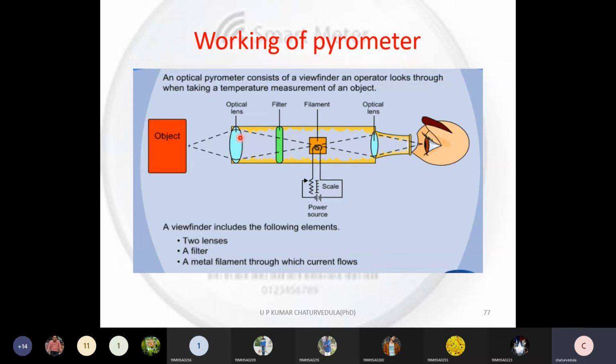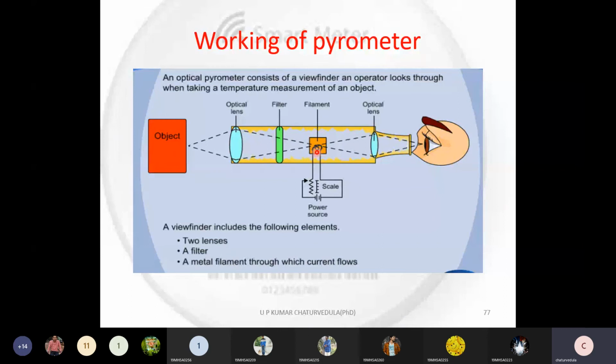This optical system consists of two lenses, one optical lens here and another optical lens here, and I am going to have a filament. This whole setup is called the viewfinder.